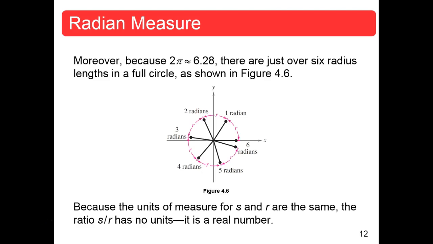Okay? It's an irrational number, not a ratio of any two integers. So therefore, 2 pi is not an exact number, it's approximately 6.28. It's really 6.28318 or something like that. It goes on and on and on.